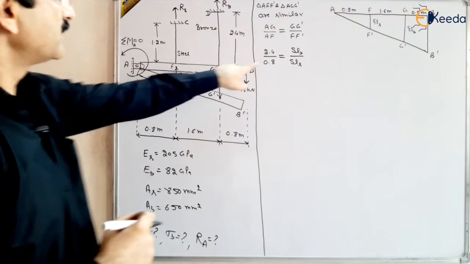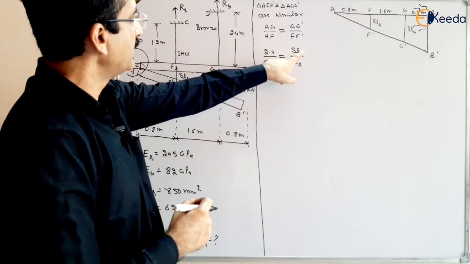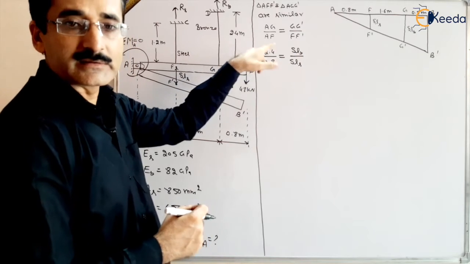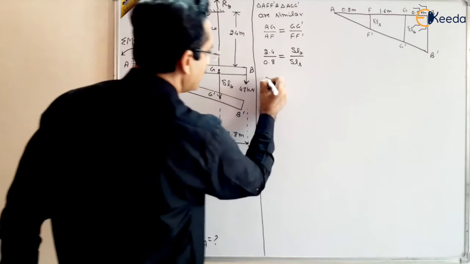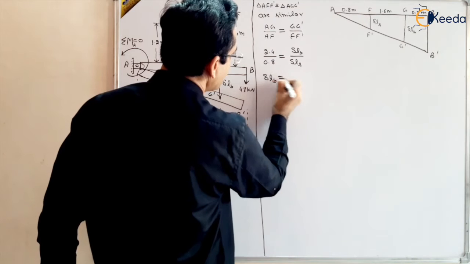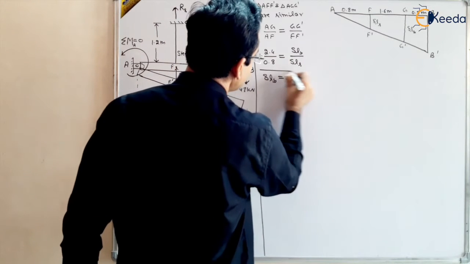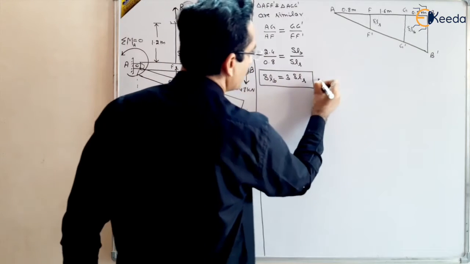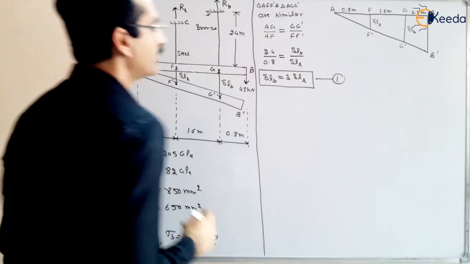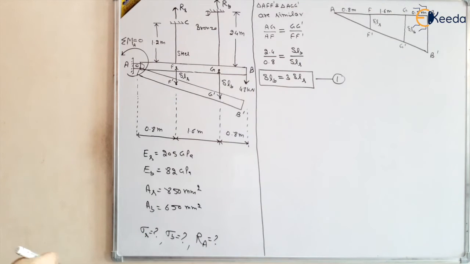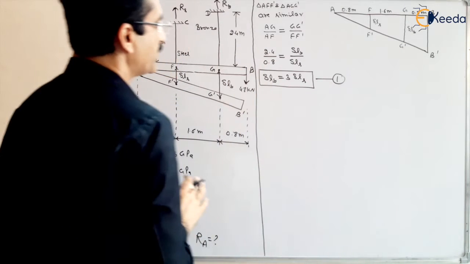So you can see this is 3 times, so delta L in bronze is equal to 3 times delta L in steel. So this relation we have obtained, right? This is our equation number 1. This is a very important relation.